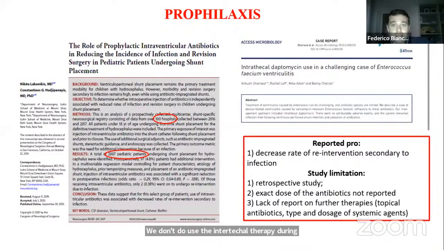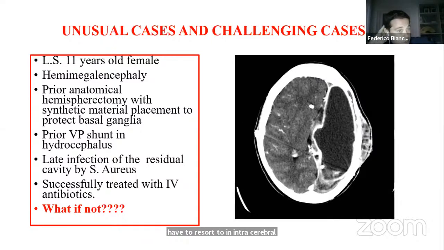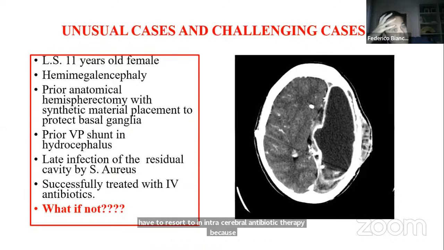And finally, I'd like to present to you maybe a challenging case in which, luckily, we didn't have to resort to intracerebral antibiotic therapy, because this girl was 11 years old when we came.